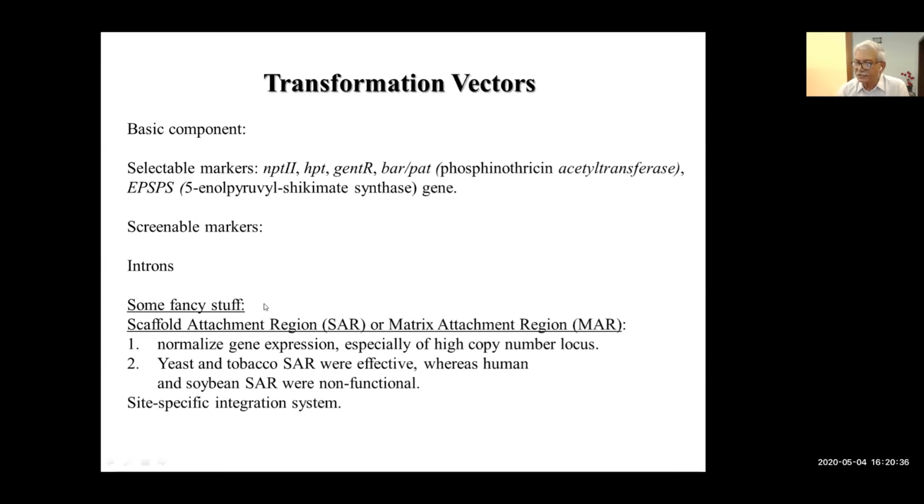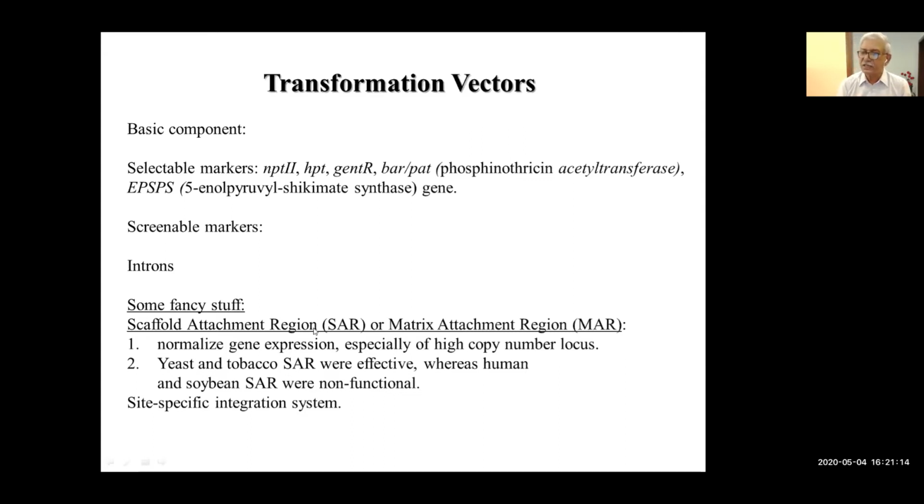The sequences which help the DNA attach to the nuclear membrane are called matrix attachment regions or scaffold attachment regions. Sometimes people attach such regions in the boundaries of their genes, the gene cassettes, so that these regions can relax the DNA over there and attach it to the nuclear membrane, so that the relaxed part of the DNA can be easily transcribed to give the messenger RNA.